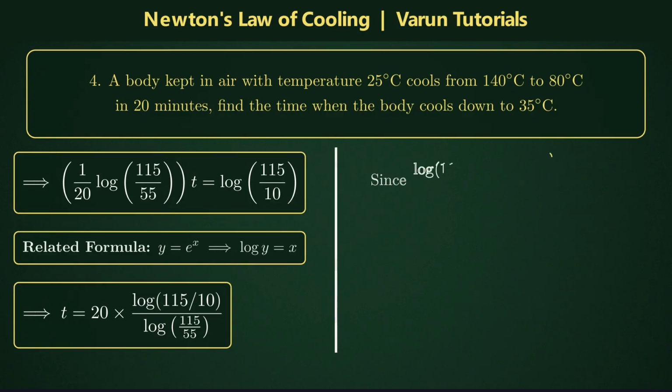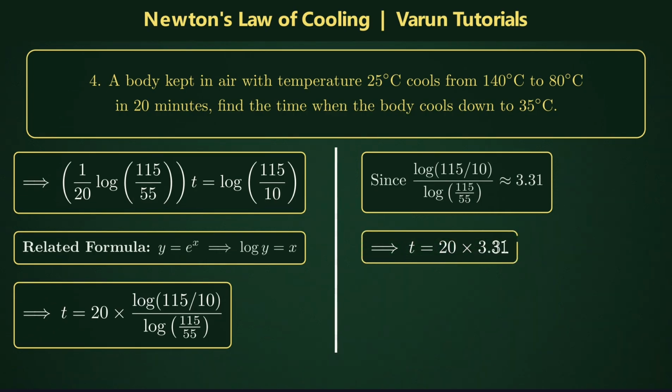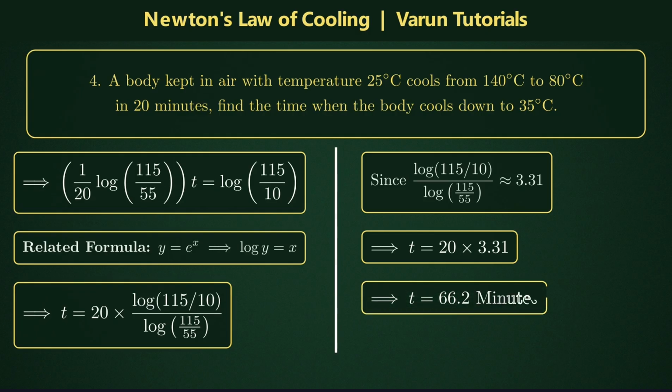Calculating the ratio of the logarithms gives approximately 3.31. This simplifies the equation to t equals 20 times 3.31. Multiplying these values yields t equals 66.2 minutes. Therefore, the body cools down to 35 degrees Celsius after approximately 66.2 minutes.